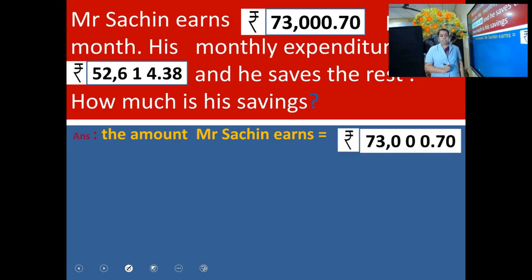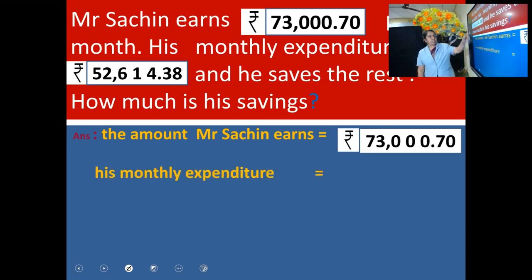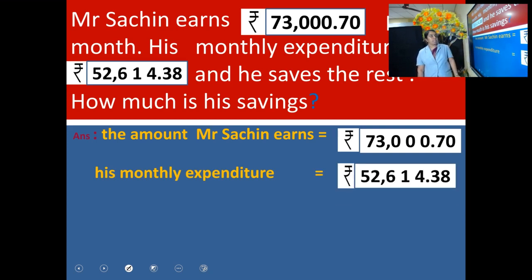How much? Rupees 73,000.70. Second step, his monthly expenditure. How much? Rupees 52,614.38. Then how much is savings?